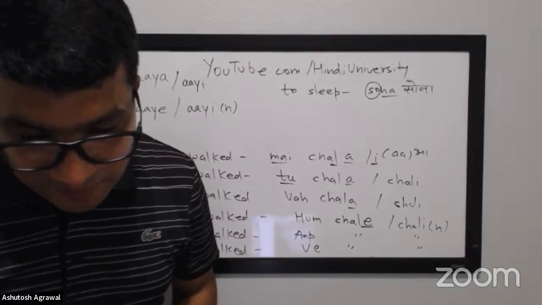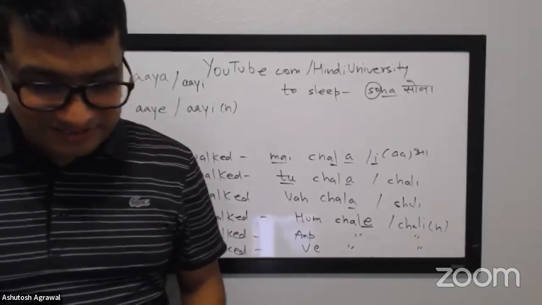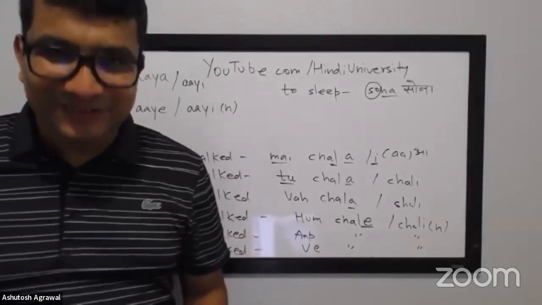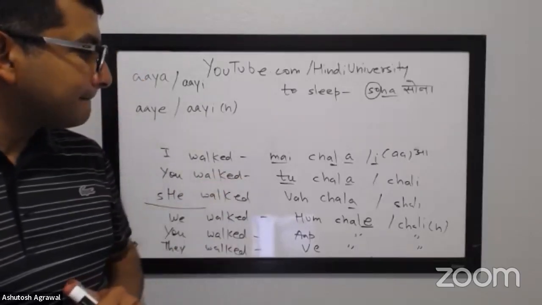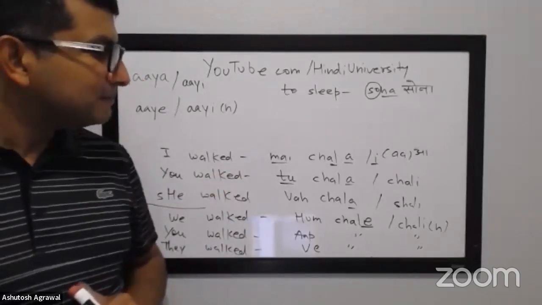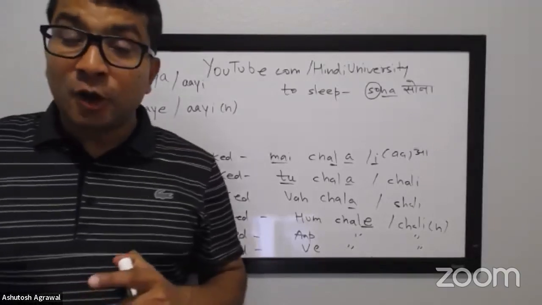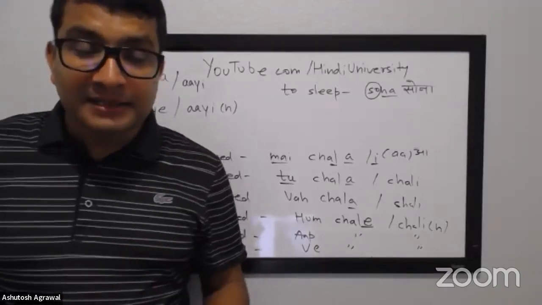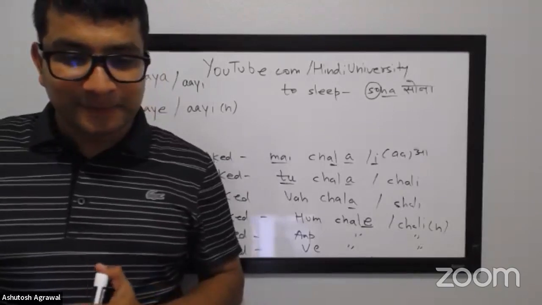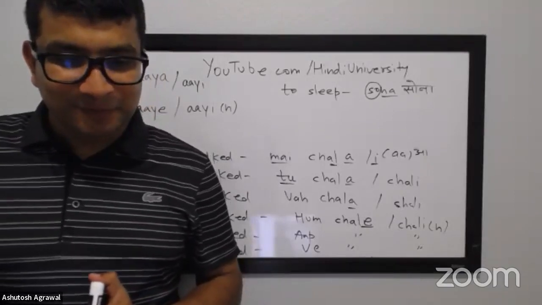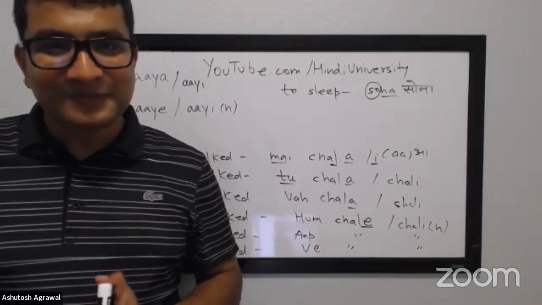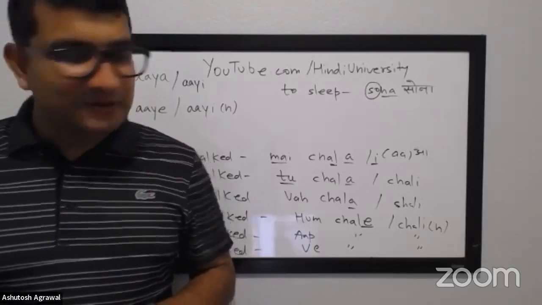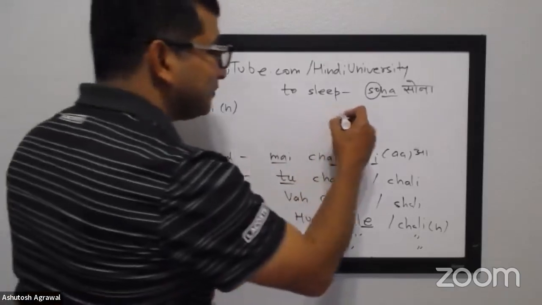Let's see. Barbara ji, how are you doing? मैं ठीक हूँ. धन्यवाद. How will you say I slept? मैं सोई. Okay. Now use an adverb. I slept peacefully. Adjective, right? Sorry, adverb.